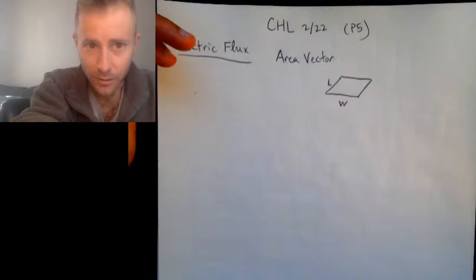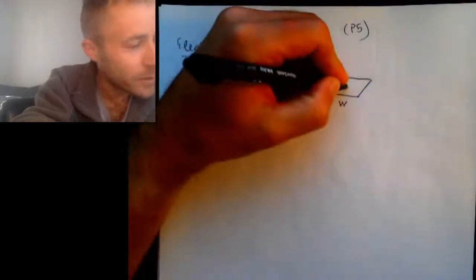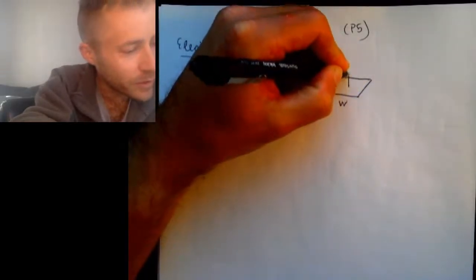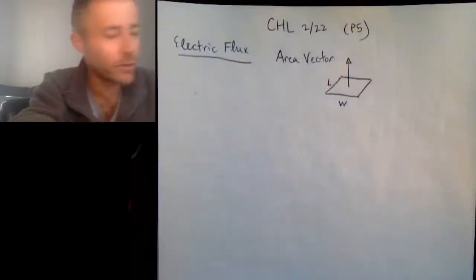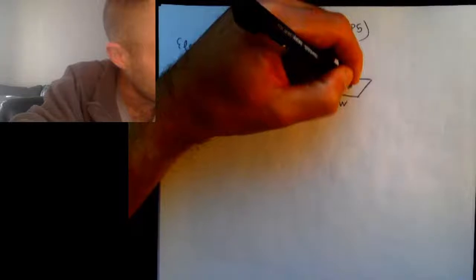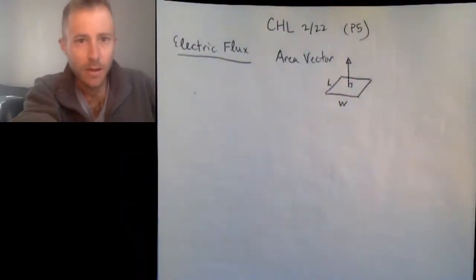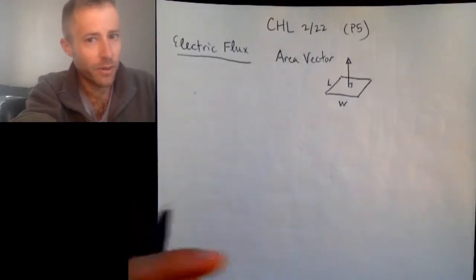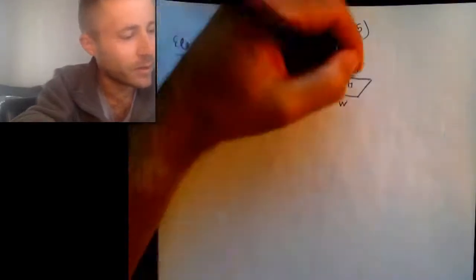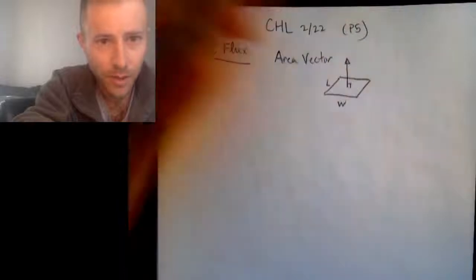The area vector points perpendicular to the surface. Okay, and the length of the area vector is equal to the area of that surface.